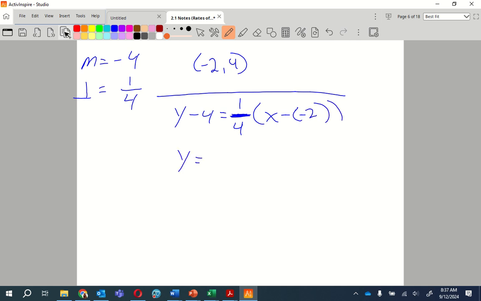Y equals 1 over 4 x plus 1 over 2 plus 8/2.